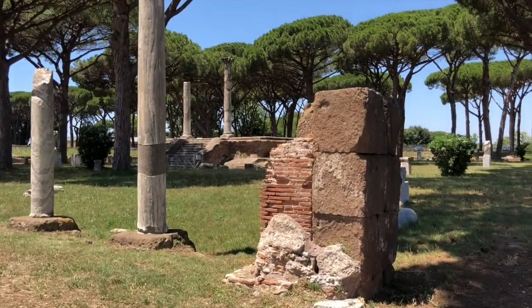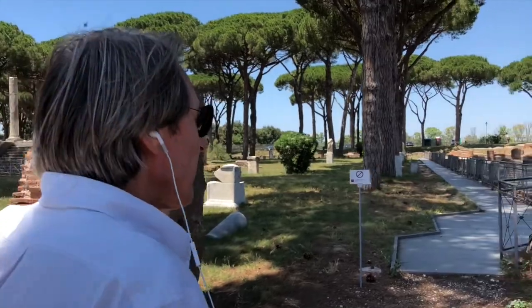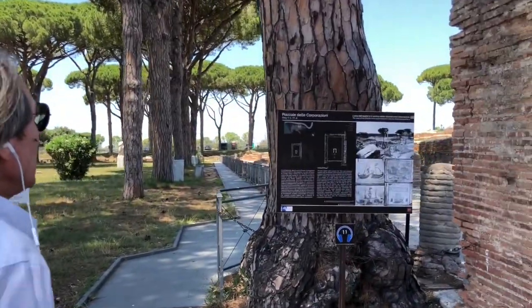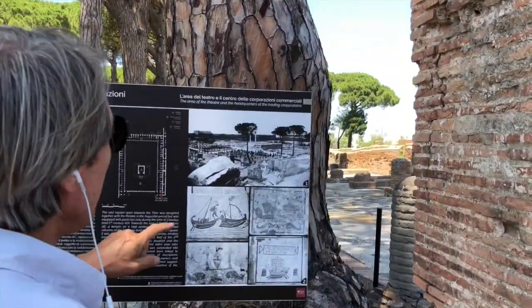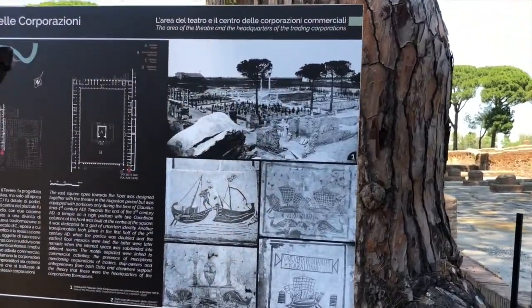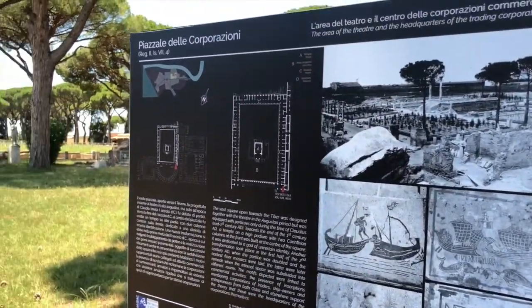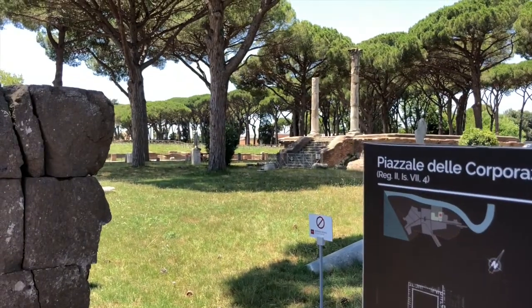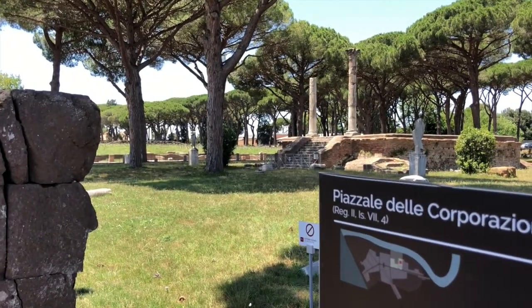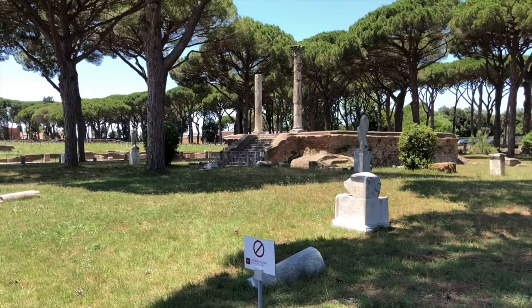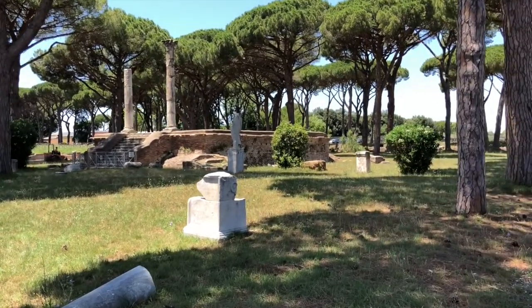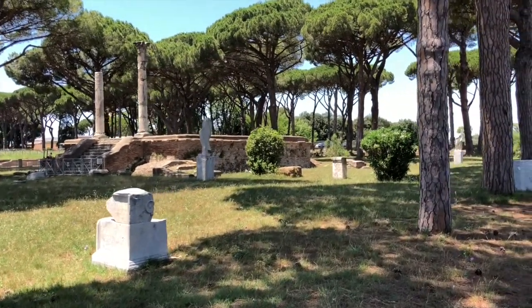We're going to walk a little bit around, but over here we have another picture which might show you the area. And now we're going to have a little walk around, and you can understand.